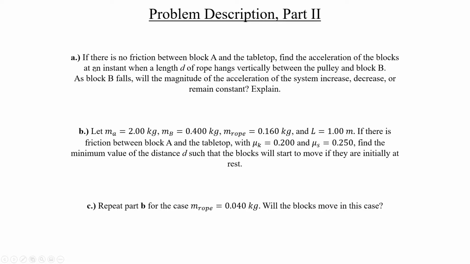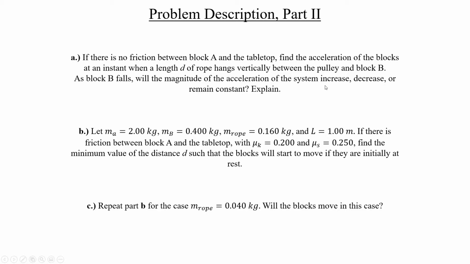Part A says, if there's no friction between block A and the tabletop, find the acceleration of the blocks when that length D of rope hangs vertically between the pulley and block B. As block B falls, will the magnitude of the acceleration of the system change at all?